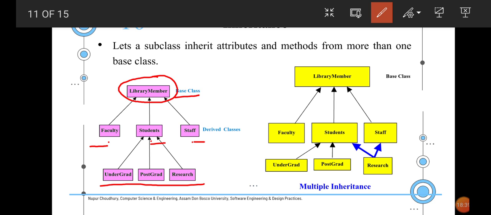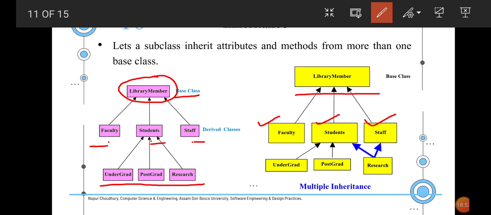Now when we look at multiple inheritance, we will see that in the first level we have the base class, which is the library member, and from here the three different child classes or derived classes are inheriting the properties.